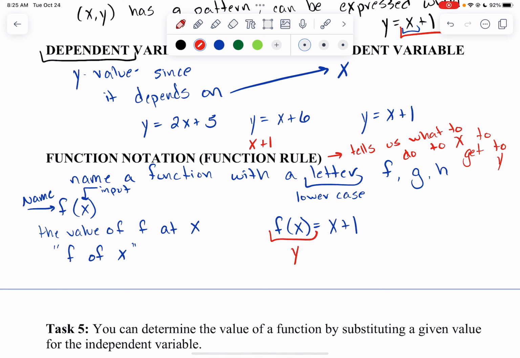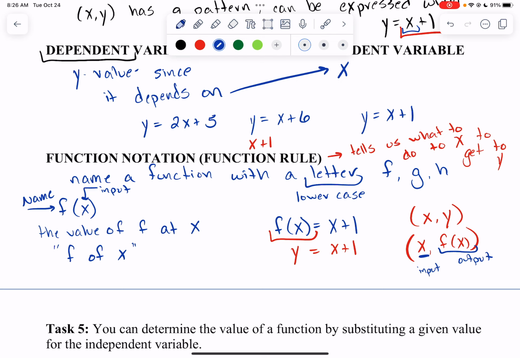This looks very similar to my y equals x plus 1. So y and f of x can be used interchangeably. Instead of writing an ordered pair x, y, I could write an ordered pair x, f of x. My x here is my input, and my f of x is my output. It basically just gives it a name, and tells it that I'm putting it into that f function.